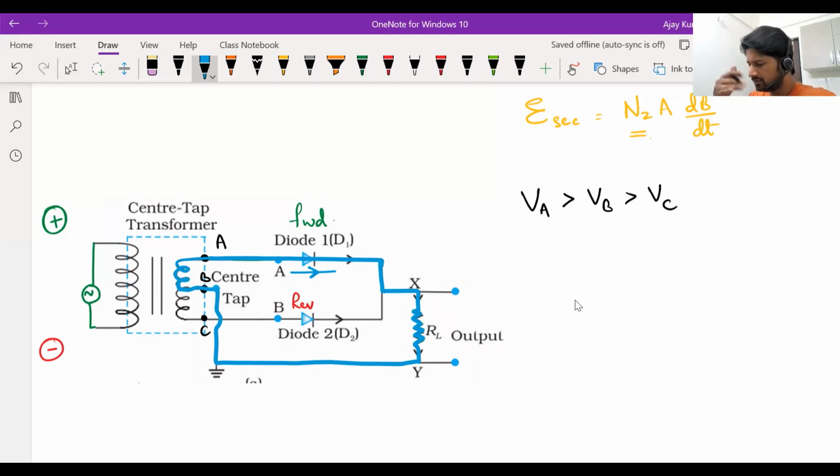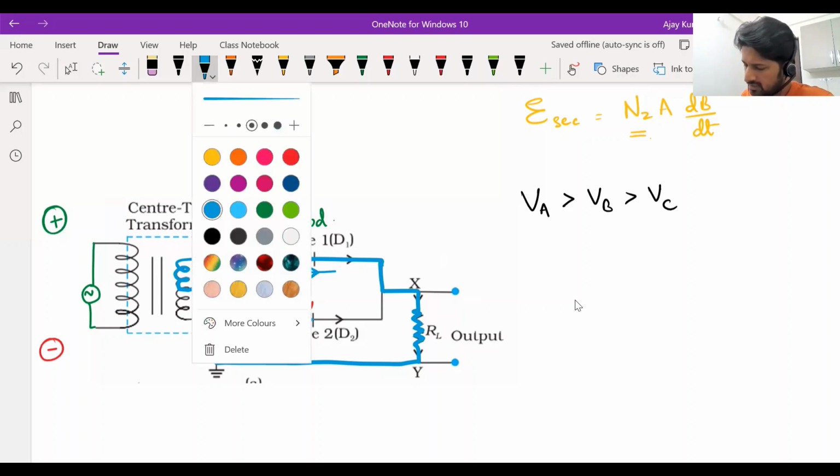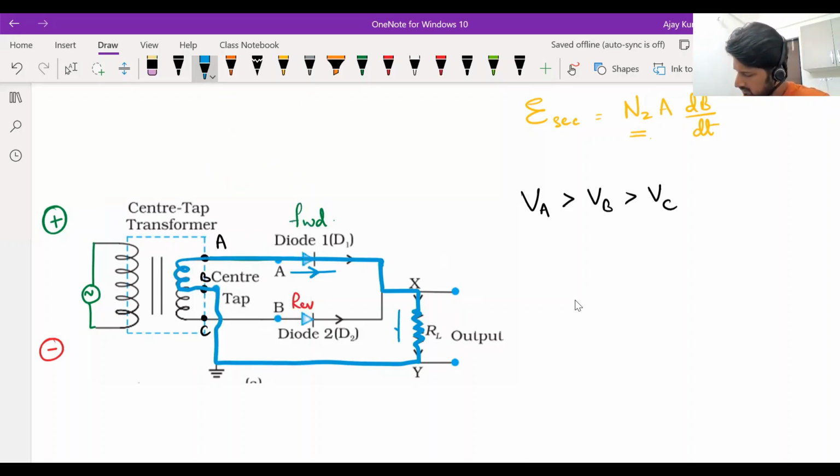In which direction is current flowing through the load? It is flowing in the downward direction. Current flows in the downward direction means the potential at X will be greater than the potential at Y. So this side will be positive, this side will be negative. You will get a positive half cycle in the output voltage as well. So when a positive half cycle is going on in the input voltage, you'll get a positive half cycle in the output voltage as well.